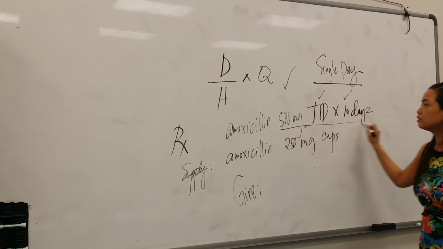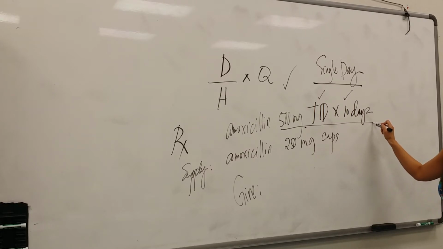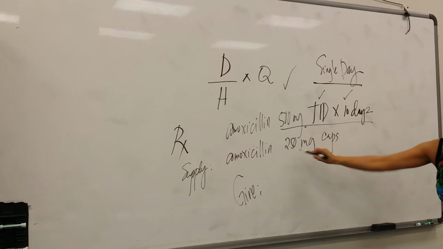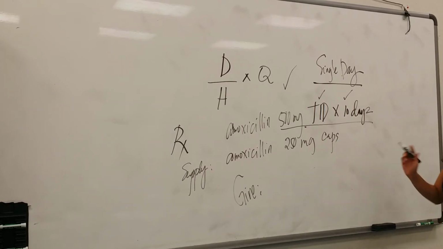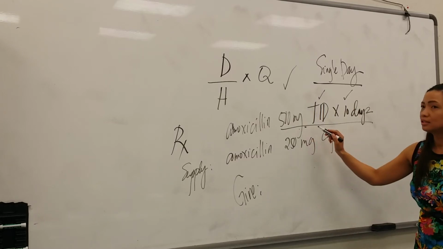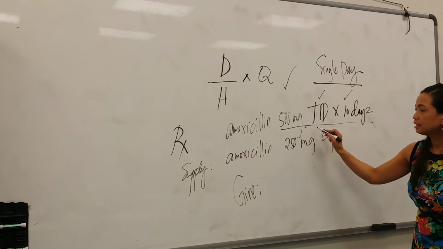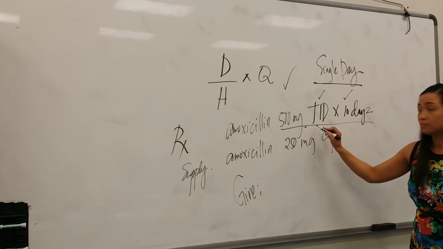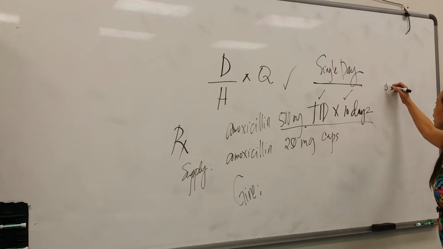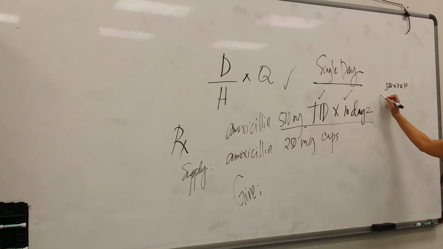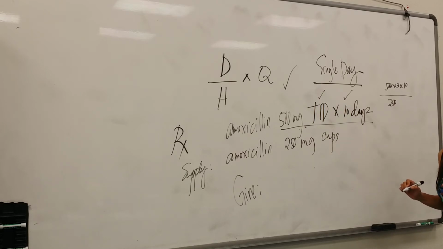So what you can do, you can multiply everything because that's what you need, total volume, divided by 250. It's one way to do it. So 500, what's TID? 3 in die in Latin, or tres in Spanish, times 10. So 500 times 3 times 10, right? Divided by your 250.